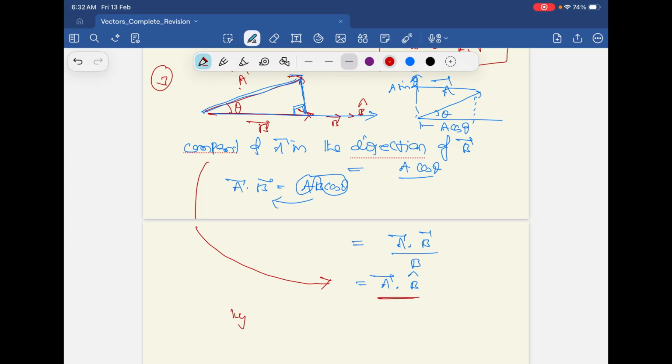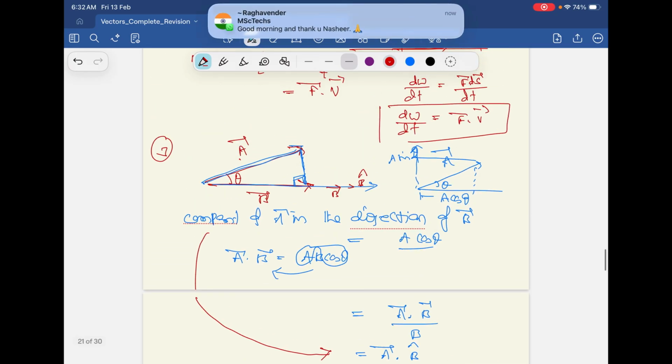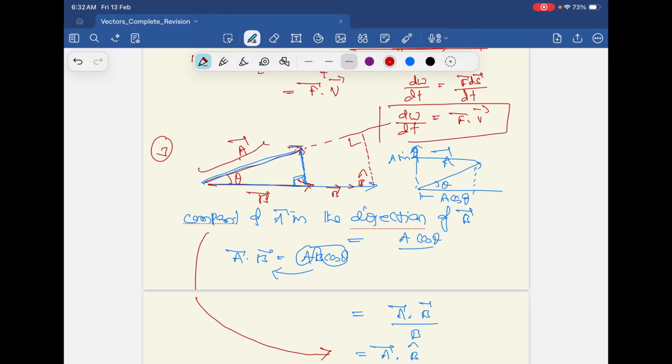Similarly, if I ask for the component of b in the direction of a, what you have to do is draw a perpendicular from b bar onto the direction of a. This intercepting length is called the component of b in the direction of a.